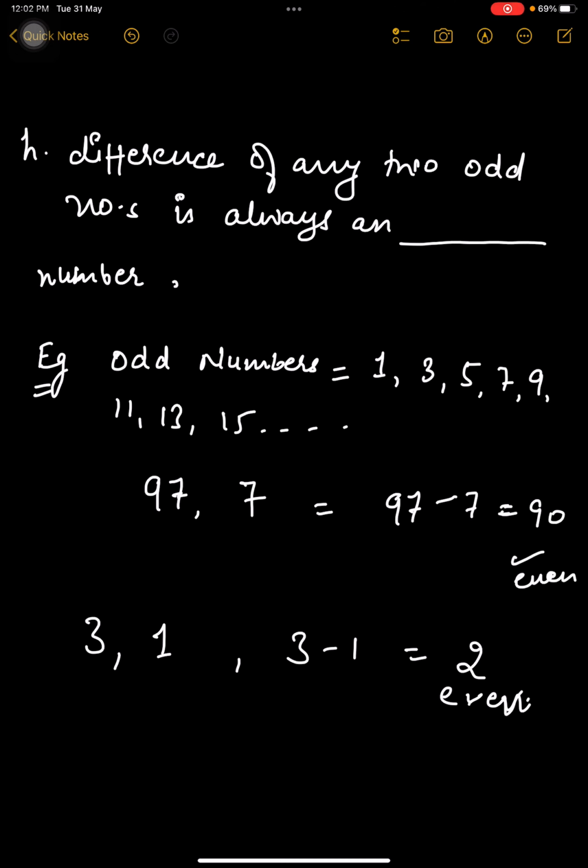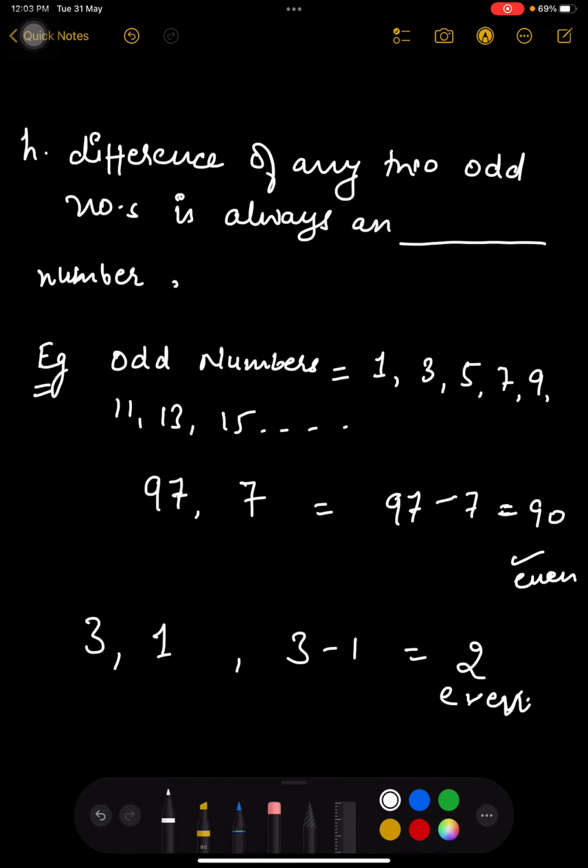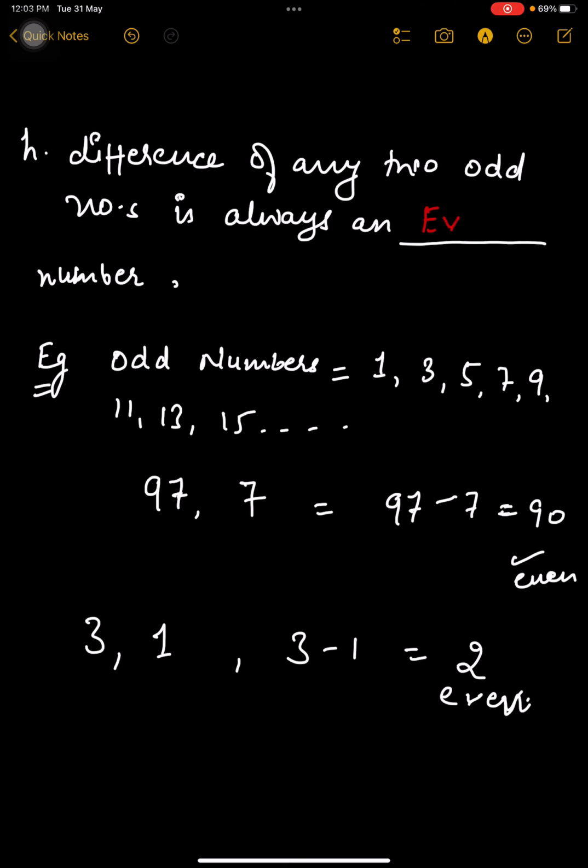So the answer of question number 1 part H is: the difference of any two odd numbers is always an even number. I hope these two parts, part G and part H, are clear to you now.